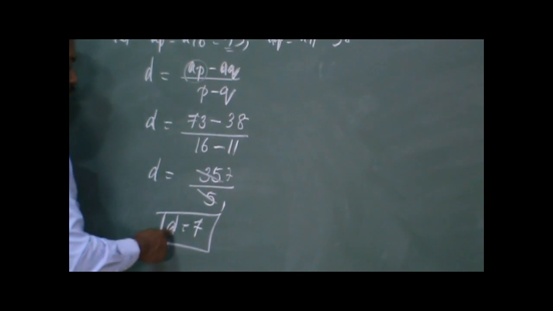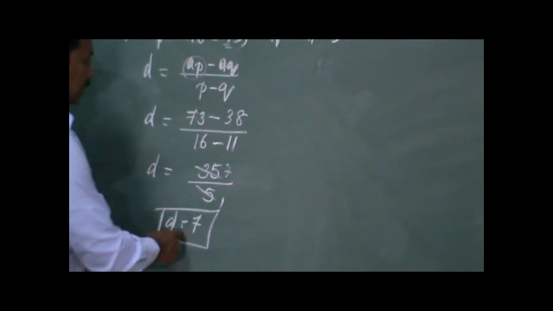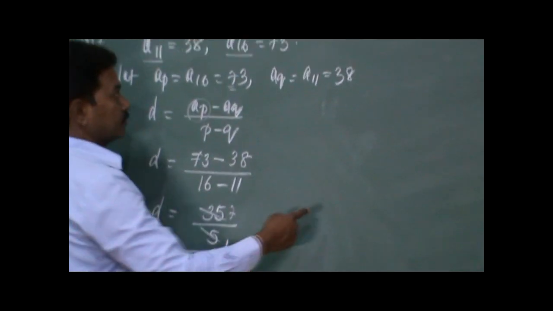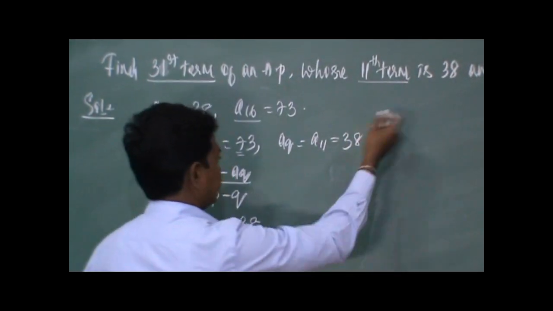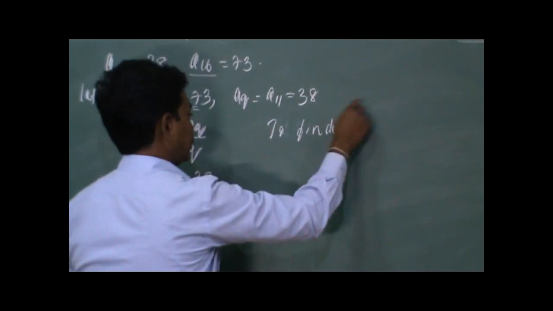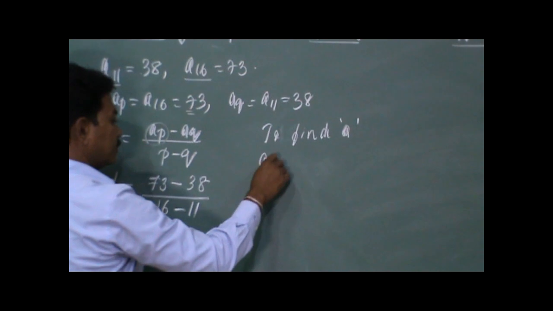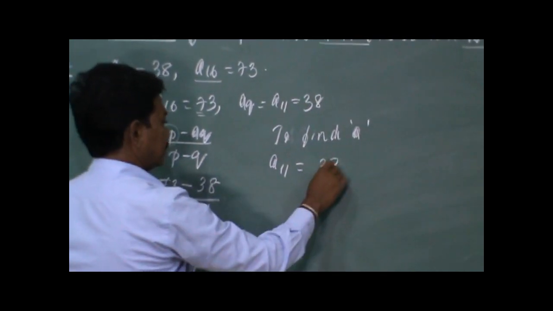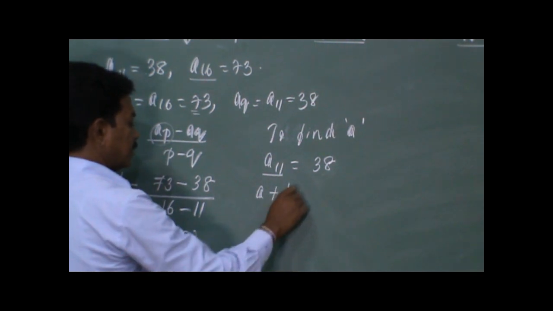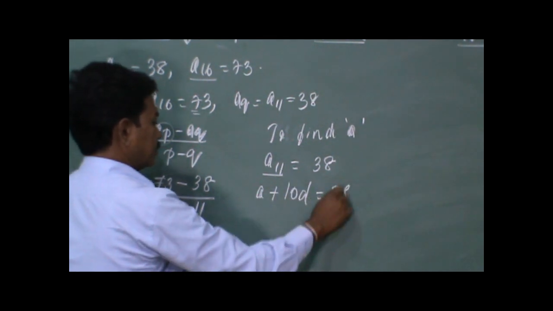In order to find the 31st term, we need the first term also. So substitute the value of the common difference, that is D, in any one of the known terms of that AP. You can take the 11th term to find A. So A11 is equal to 38. A11 can be defined as A plus 10D is equal to 38.